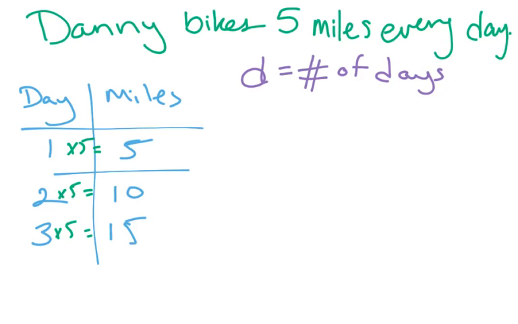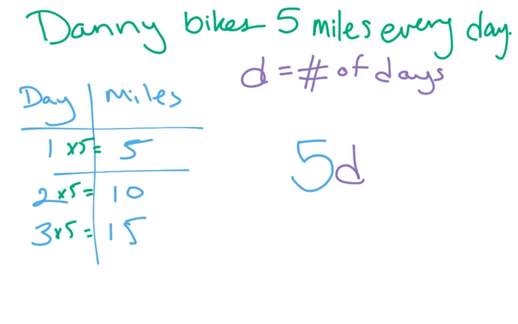Alright, now I know if I have D number of days, however many days there are, 1, 2, 3, 1 million, I have to multiply it times 5. We're in math class and numbers are more important than letters, so the numeric coefficient always comes before the variable. The nice thing about multiplication is, like when you have parentheses, you don't have to write a times sign.